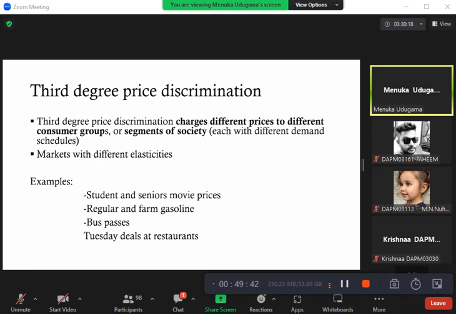Students get certain offers, but for the same product you pay less. So one group pays less than the other. So that's again discrimination. You are discriminating among different segments in society, right?